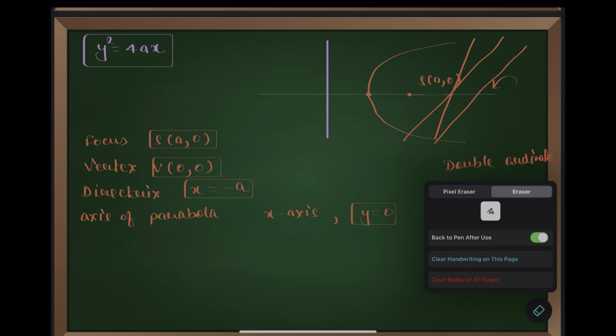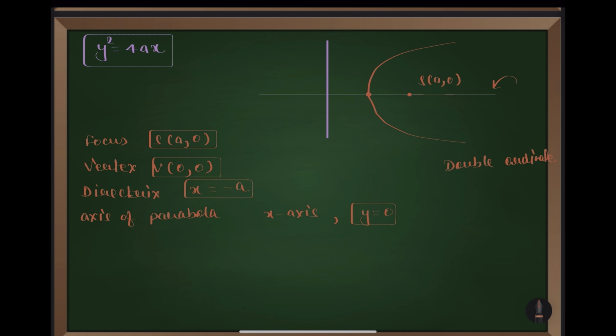So suppose that we are dealing with certain chords which are perpendicular to axis of parabola. So we used to call those chords as double ordinate. The chords which are perpendicular to axis of parabola is double ordinate.